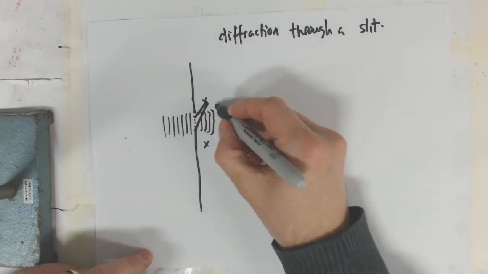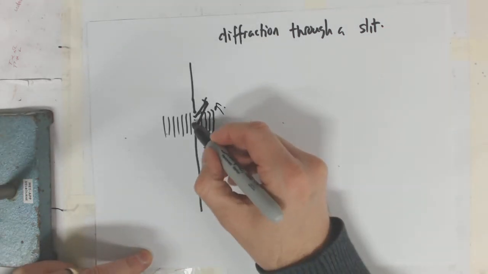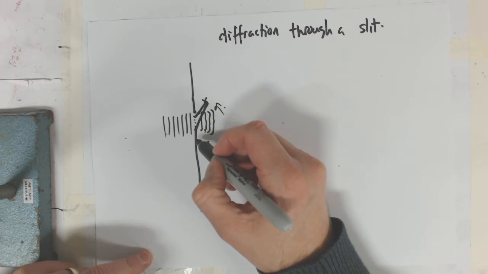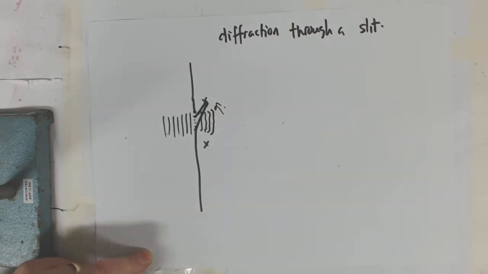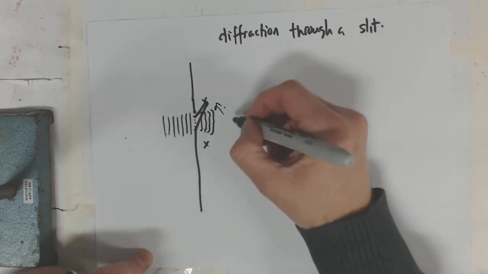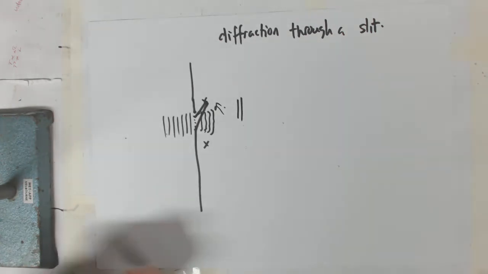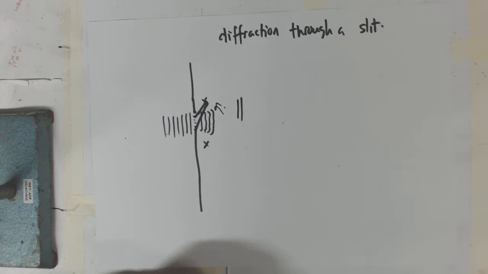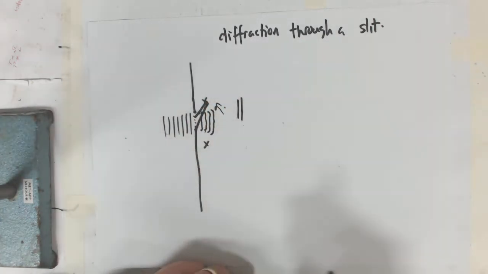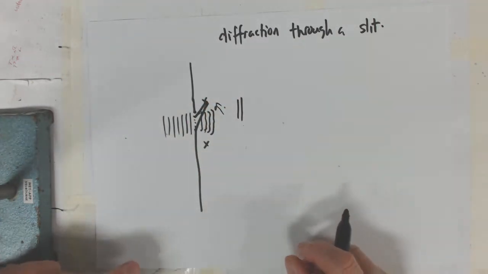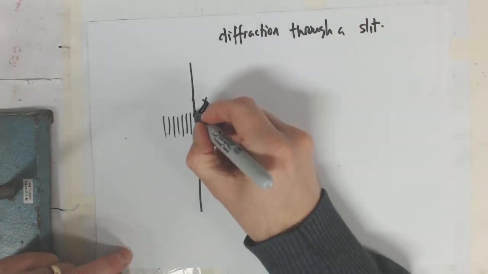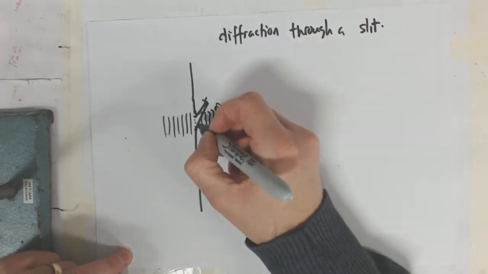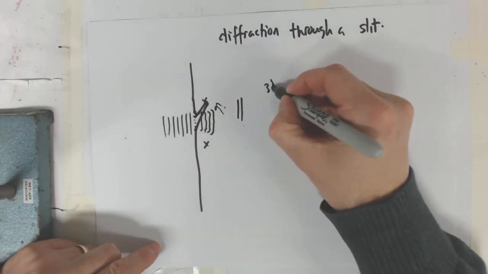Look at this: because of the way this slit is and how big it is compared with the wavelength, look at the path difference. Because this wavelength is on this bit of paper maybe 5 millimeters and the slit length is maybe 15 millimeters, it means that from this side to this side it's quite easy to get 3 wavelength difference.